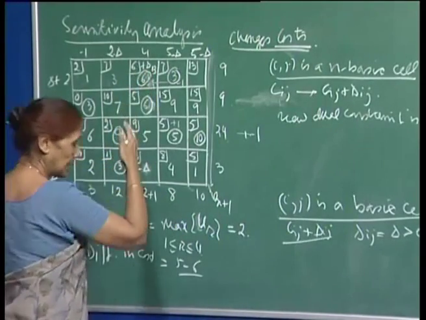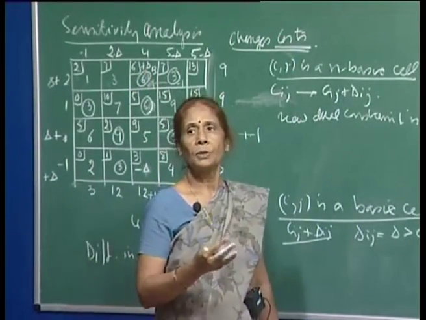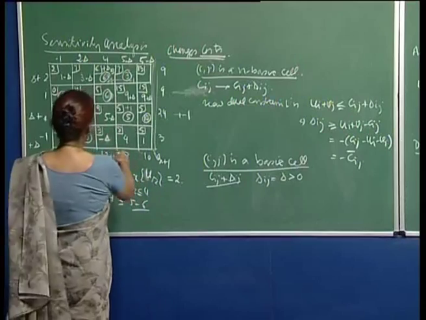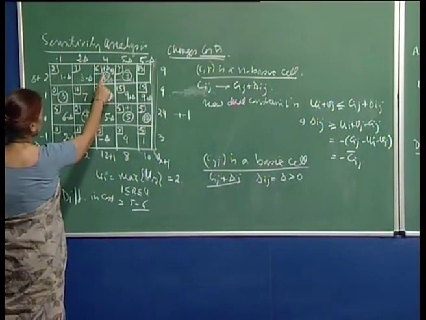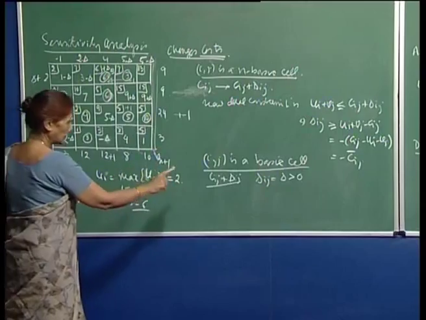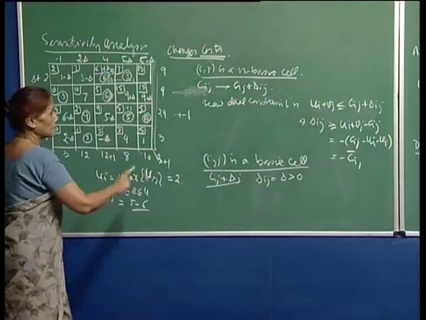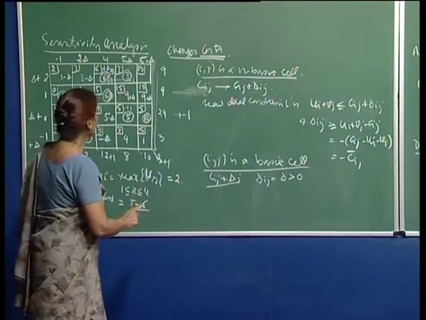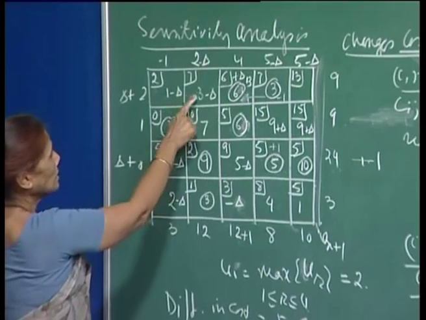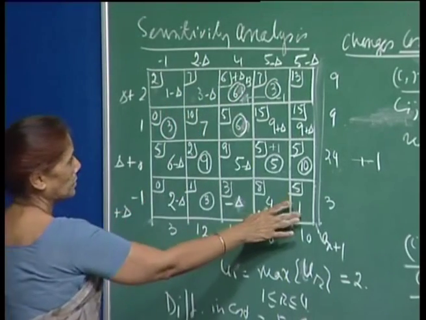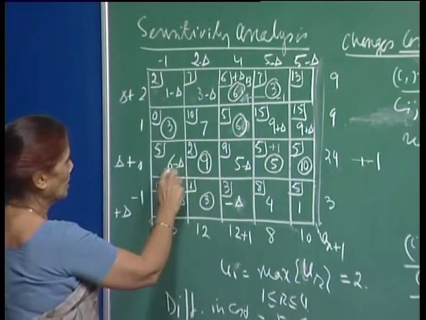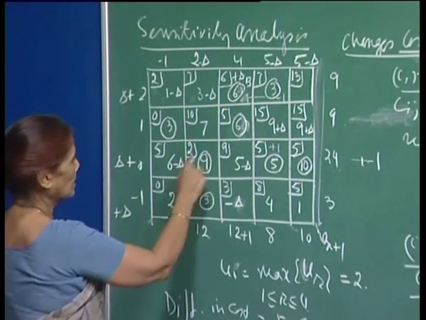So, if you are asking the question, what happens when my particular C13 goes up to 6 plus delta 1 3, is there a limit for delta 1 3 so that my current solution remains optimal? Once you change cij for a basic cell, then 6 plus delta, because your ui's and vj's depend on the basic cells, the calculations change. Almost all the C bars, except for these two, change: 1 minus delta, 3 minus delta, and so on.